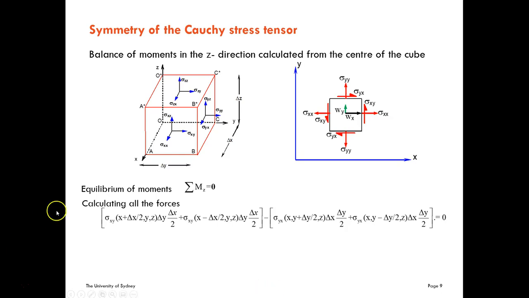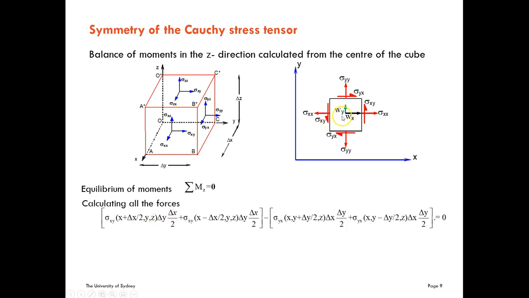So here I'm calculating the moments. Let's see. The first component is sigma xy at x plus delta x/2, y. This is the component sigma xy at this point, x plus delta x/2, y, and then this is the arm of this force.